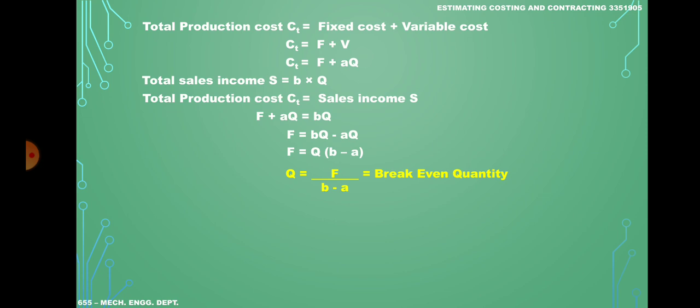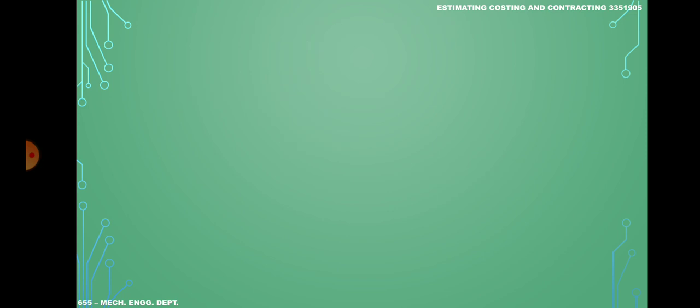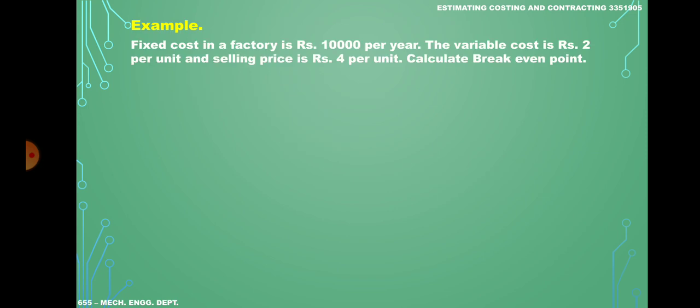Okay, we will understand it with one example. Fixed cost in a factory is rupees 10,000 per year. The variable cost is rupees 2 per unit, and selling price is rupees 4 per unit. Calculate the break-even point, or in other words, break-even quantity.